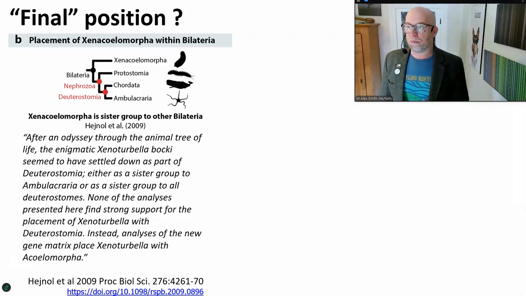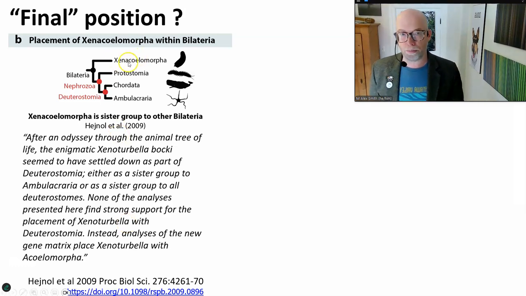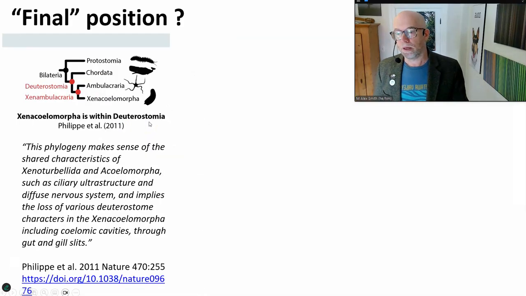The enigmatic Xenoturbella bocki seems to have settled down as part of the Deuterostomia, either as a sister group to the Ambulacraria or as a sister to all deuterostomes. None of the analyses presented here find strong support for putting Xenoturbella in the deuterostomes. And they place Xenoturbella with the acoels as a newly proposed phylum, the Xenacoelomorpha, sister to all of the other bilaterians.